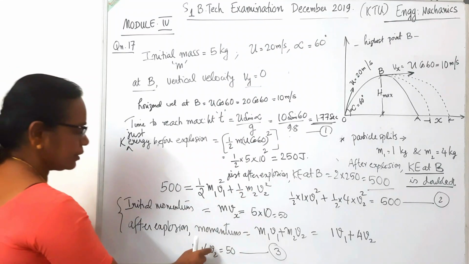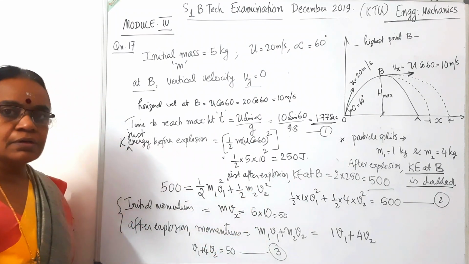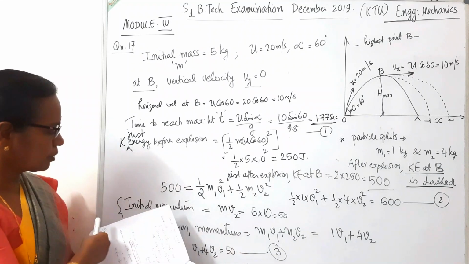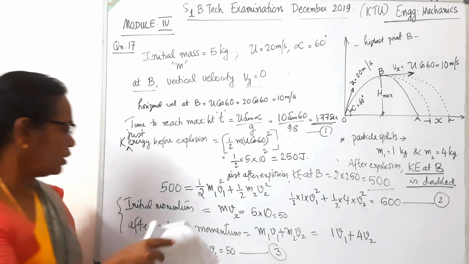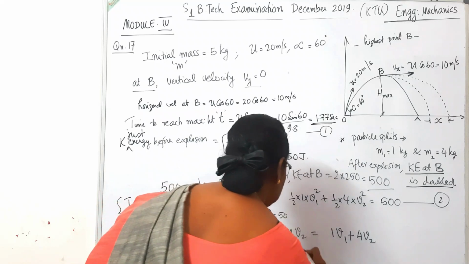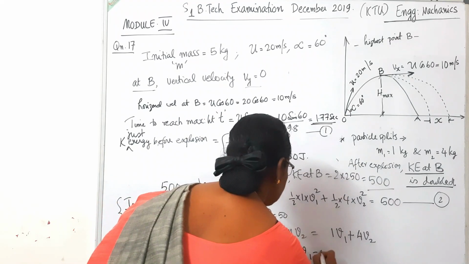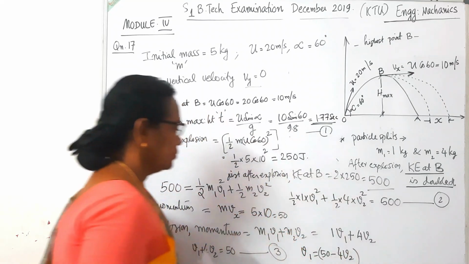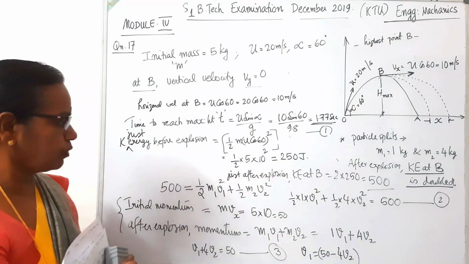So from equations 2 and 3 we get v1 and v2. From equation 3, v1 equals 50 minus 4 v2.